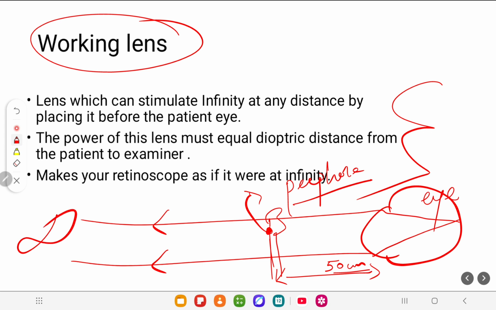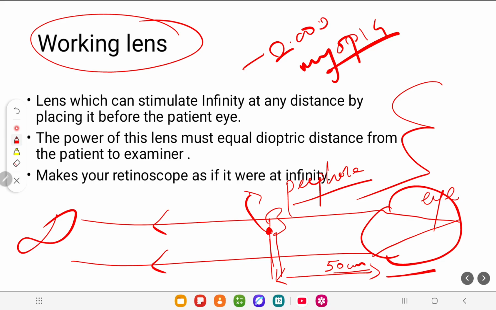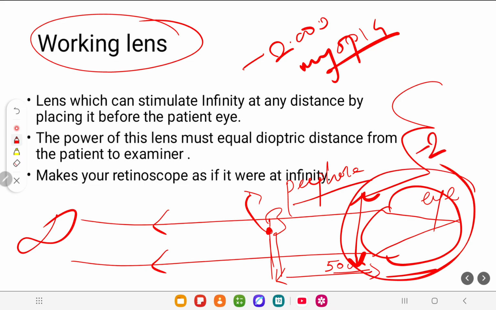Now you want this far point at 50 centimeters. Just imagine which eye has its far point at 50 centimeters. The answer is a minus 2 diopter myopic eye. And remember, if this is an emmetropic eye and you put plus 2 diopter here, the whole system becomes minus 2 diopter myopic.